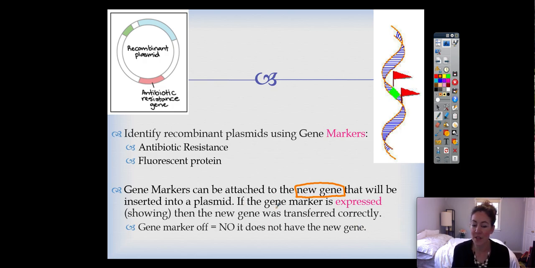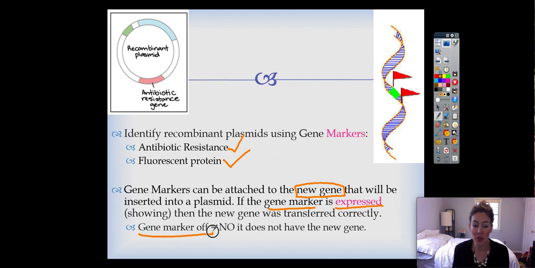So it says if the gene marker, whether it be antibiotic resistance or fluorescent protein, is expressed, that's a genetics term, it means showing, actively producing whatever the gene says to make, then we know that that bacteria was transformed correctly, that that new gene was correctly transferred from the plasmid into the bacteria.